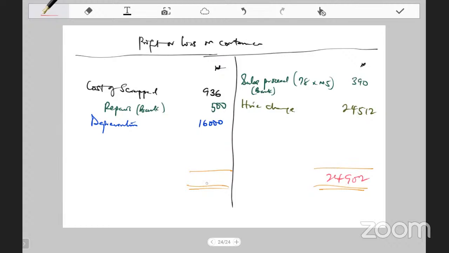I said 24,902. Okay, so I subtract this. 17,436. What is the balance that we're having?